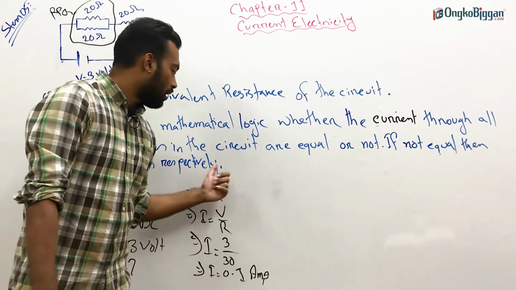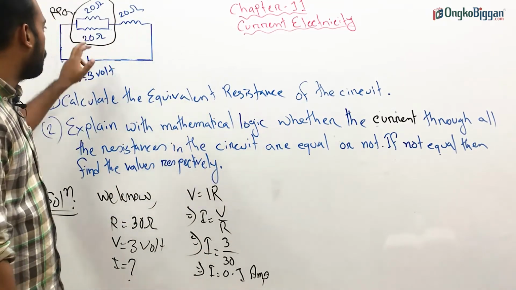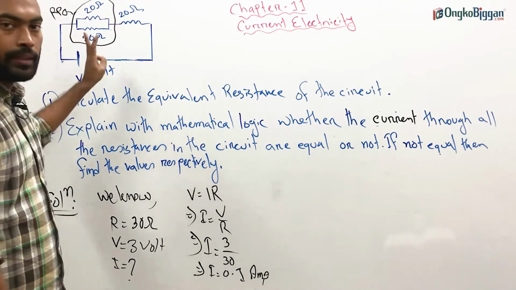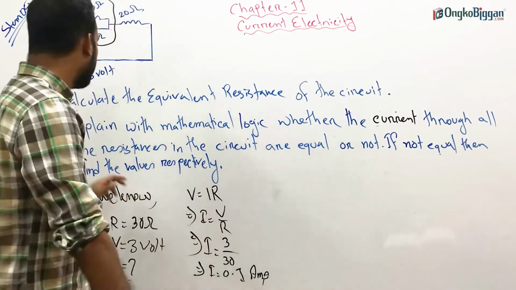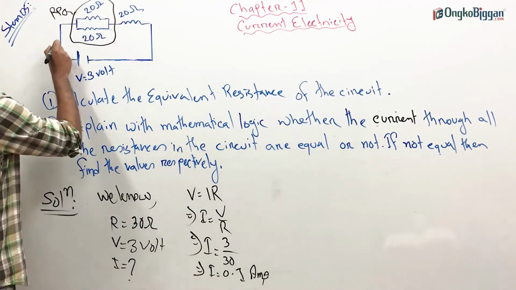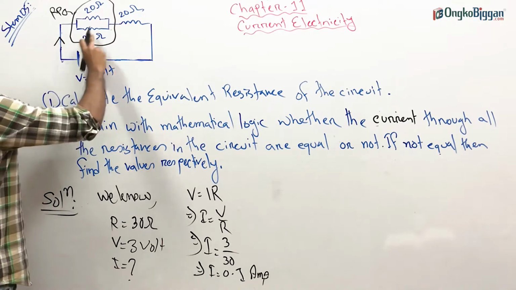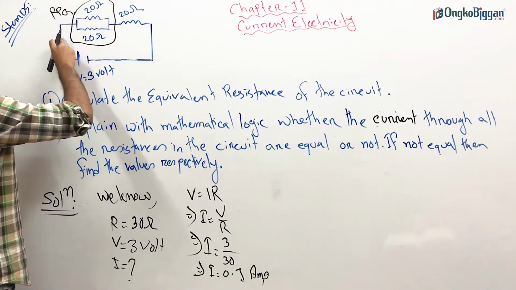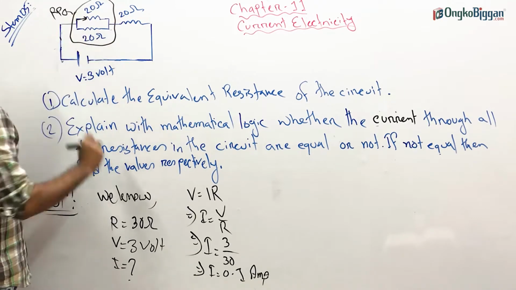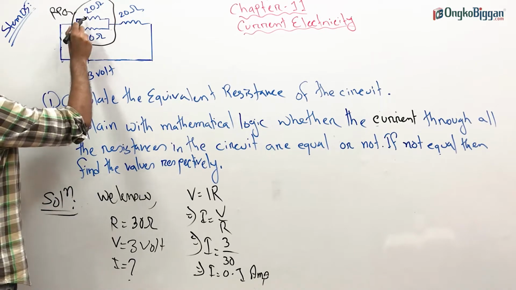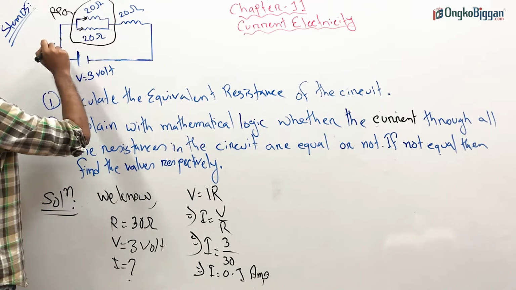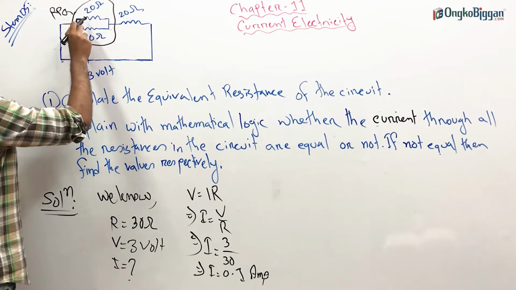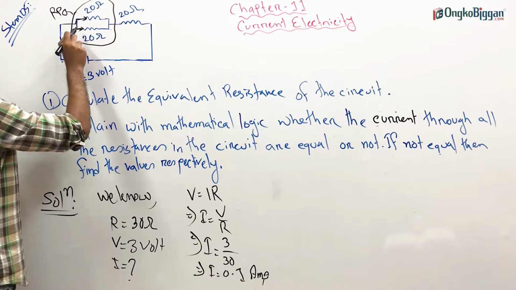But in this question they are asking what is the current through all the resistances. There are three resistances. Remember, this is the equivalent current of this entire circuit. But for this specific resistance there is a certain current, and the same current goes through these two resistances because they are parallel to each other.